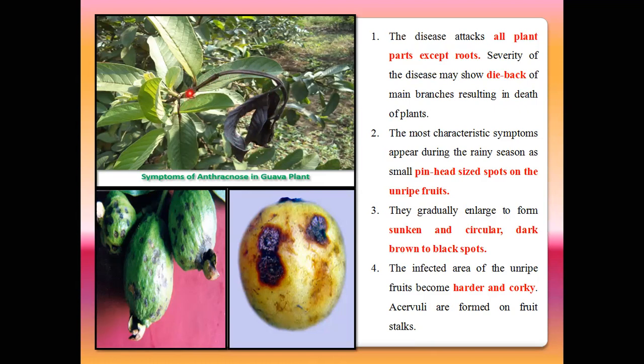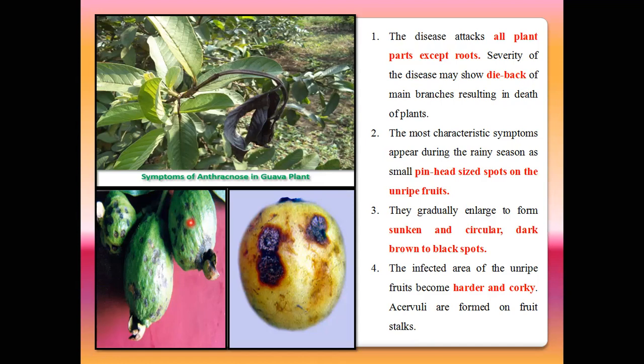Okay, then the most evident symptoms are generally seen on the developing guava fruits. Pinhead-sized spots are first seen on the unripe fruits, which gradually enlarge over the surface of the fruits.